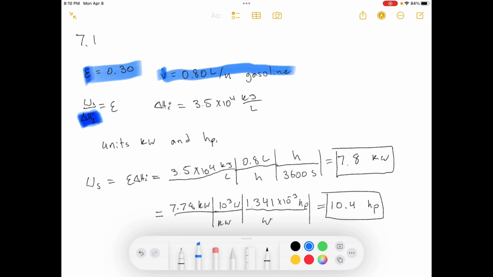So if you multiply the efficiency times the heating value there, then you get the total amount of work. They said that the heating value is this. If you think about that, that makes sense, this relationship here.